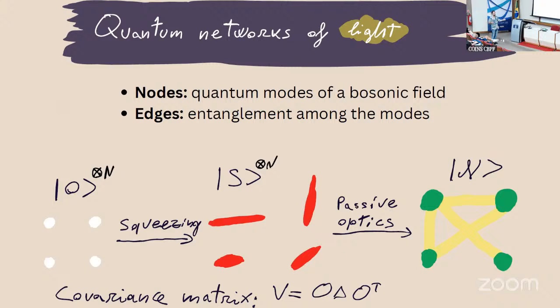And the second moment, which gives rise to the covariance matrix, can fully characterize the noise and the entanglement properties of the system. In particular, this can be easily decomposed with the so-called Bloch-Messiah or Euler decomposition in this way. And this is just telling us that we can apply a squeezing operation and passive optics, and we have the most general Gaussian state.